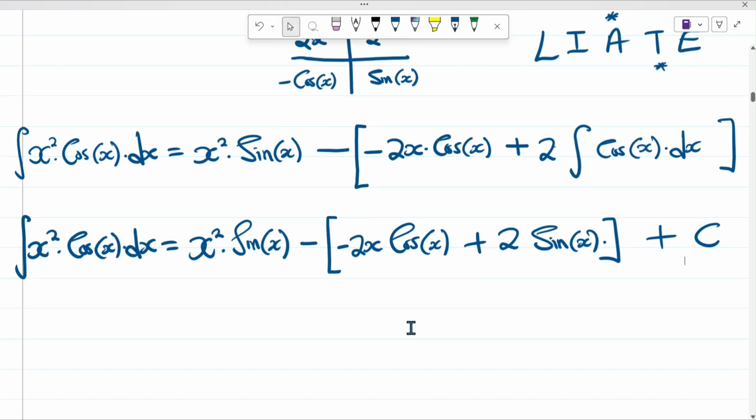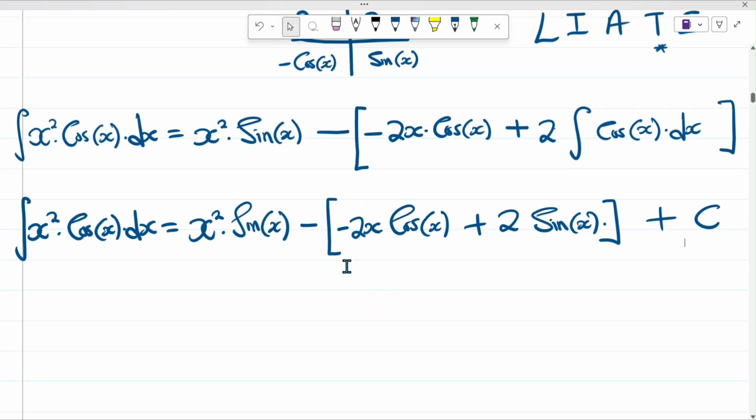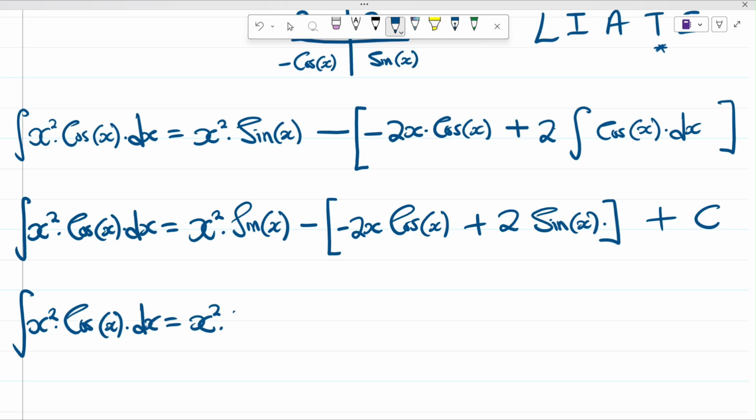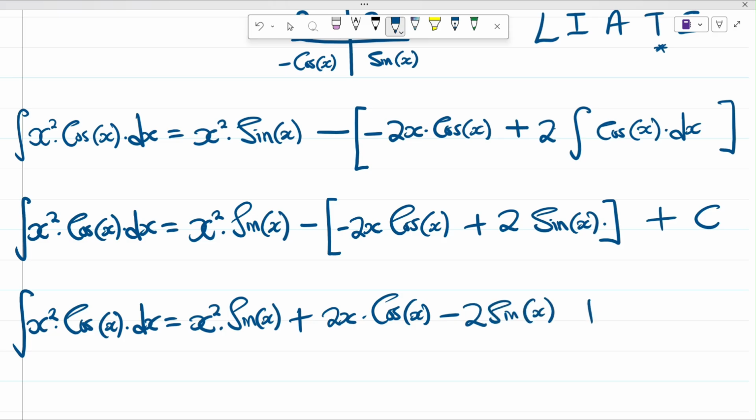We're done. Of course, we need to then multiply this bracket out. So I'm still going to copy the very same thing. It's going to be the integral of x squared cos of x dx, which is equivalent to x squared sine of x, minus times minus, that's going to be plus 2x cos of x minus 2 sine of x, and then plus c.